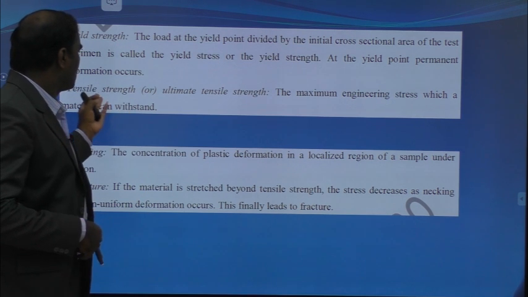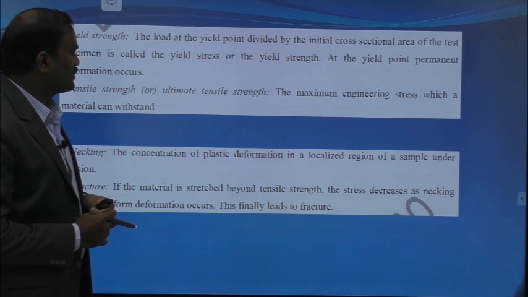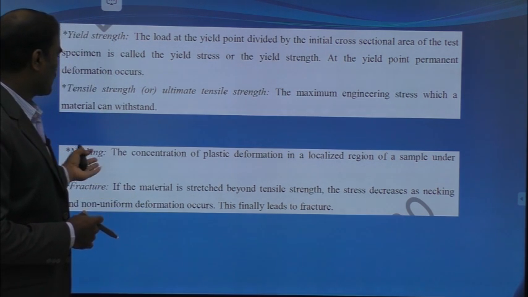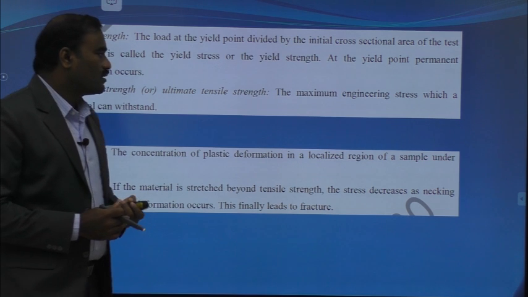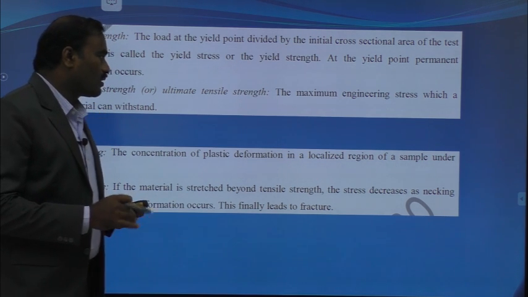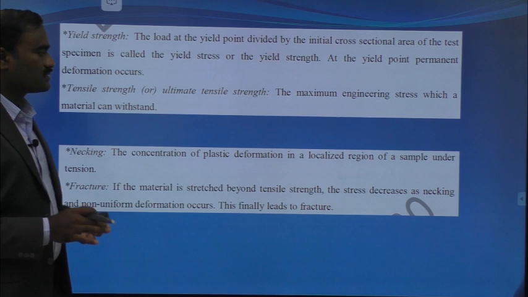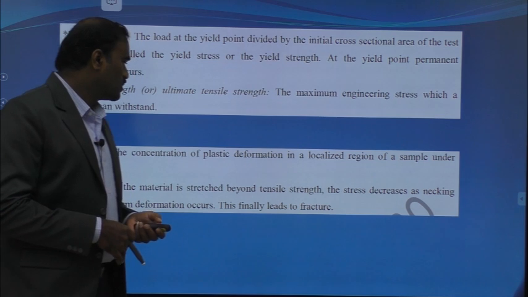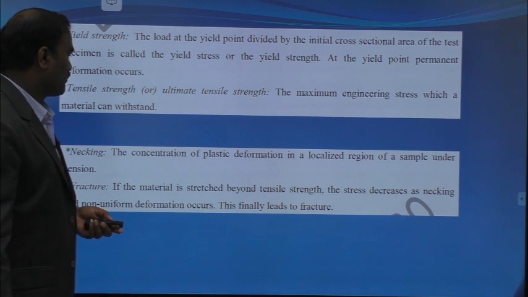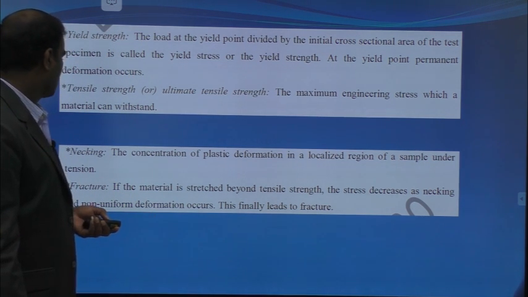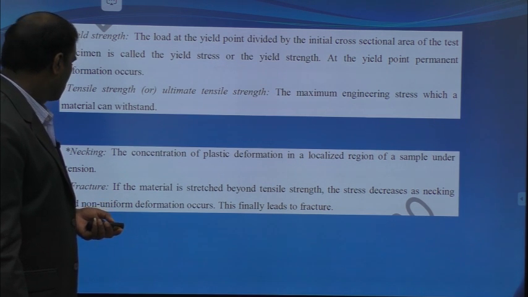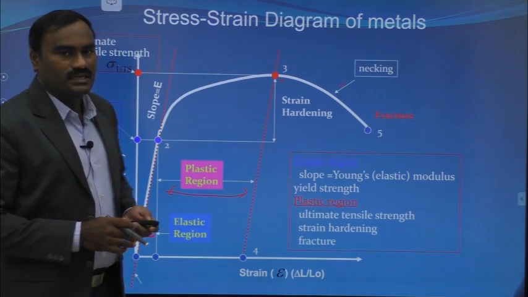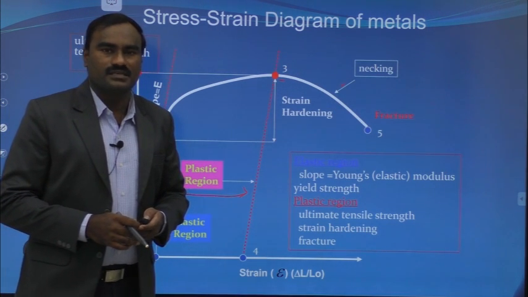Ultimate tensile strength is the maximum engineering stress which a material can withstand. Necking is the concentration of plastic deformation in a localized region of the sample. Fracture is when, at a particular stress value, the material breaks into two pieces. So that is about the stress strain curve.